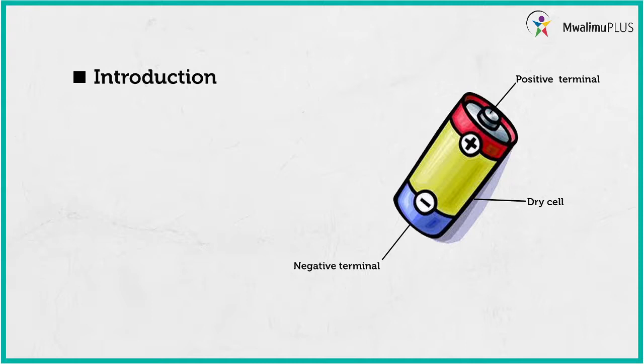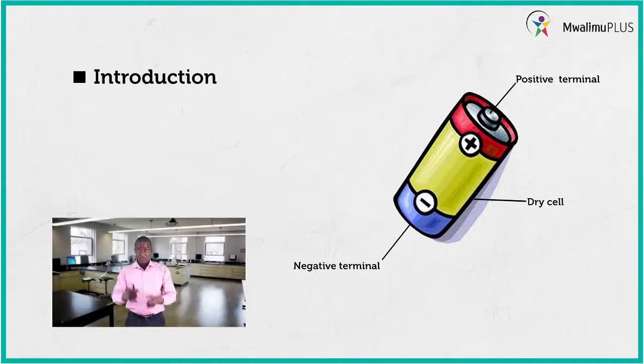You need to know that a dry cell has got a positive terminal and a negative terminal. I hope you are able to see that from the screen clearly. How many of you have ever seen a dry cell? Very good. So you people know these things.